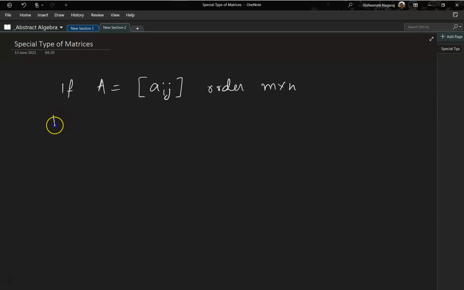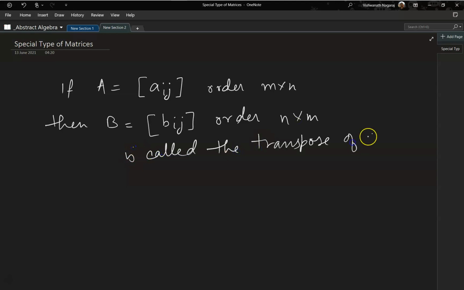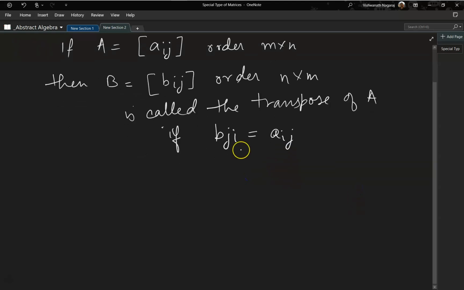Then a matrix Bij of order n by m is called the transpose of matrix A if Bji is equal to Aij, right? That means the rows become columns, columns become rows. So ith row, jth column becomes jth row, ith column.